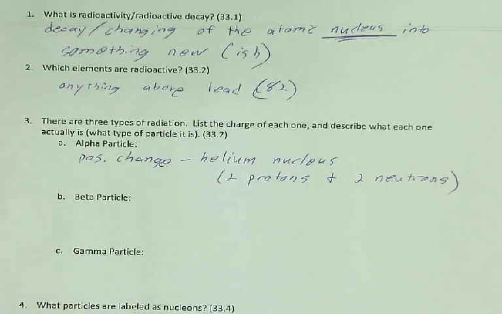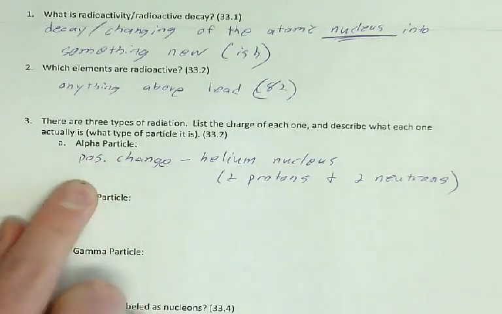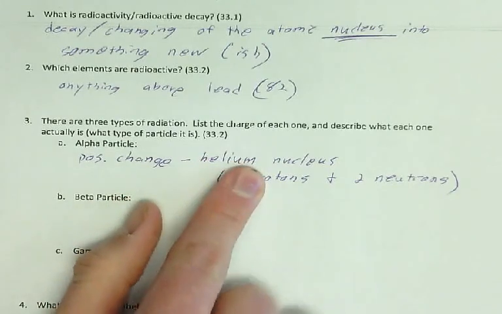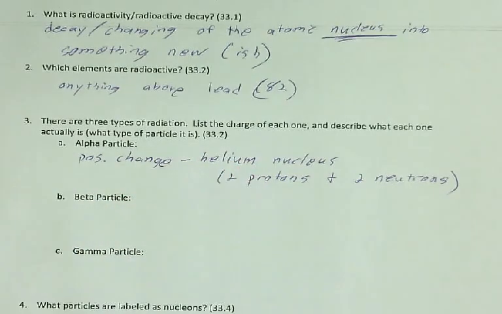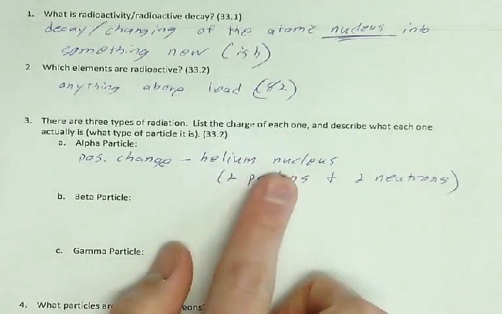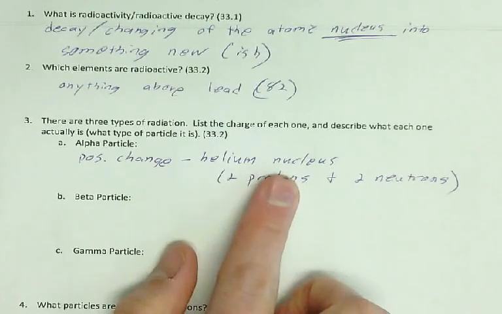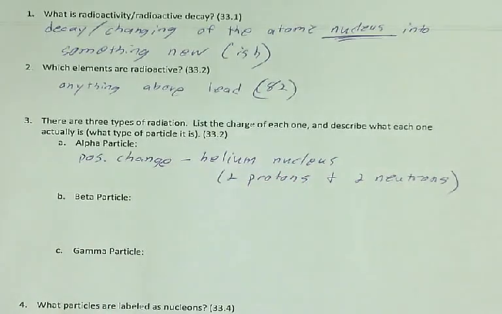If something undergoes alpha decay, it shoots off positively charged helium nuclei. That's what it is. Uranium does alpha decay. So uranium shoots out these little helium nuclei. That's alpha decay, or alpha particles.